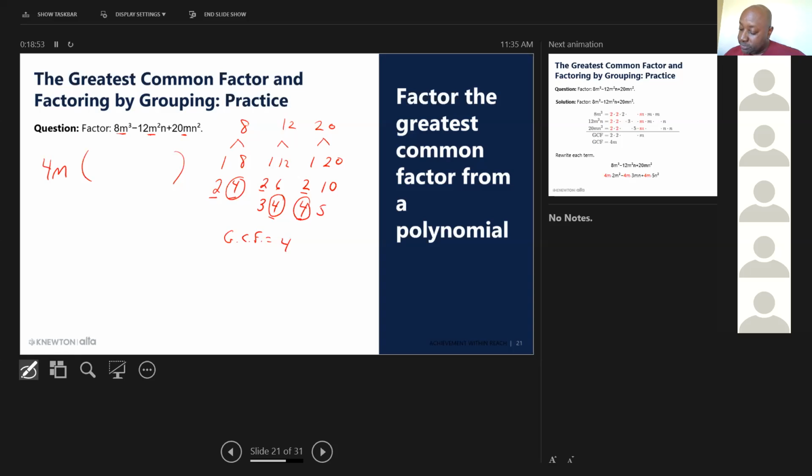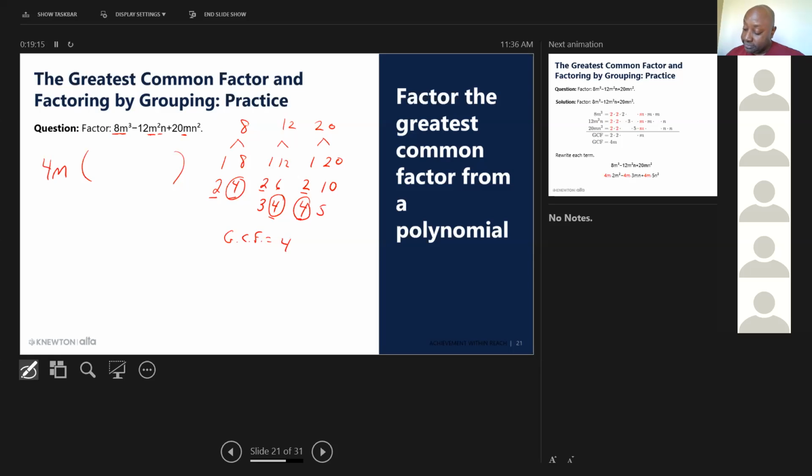Now I look at my first term again. Do I have an n? Nope, I don't. I do have an n in my 2nd term. My 3rd term, I do not have an n. Since my first term does not have an n, I cannot factor out an n. So I'm going to leave the n's where they are.